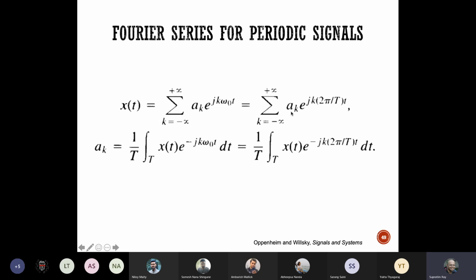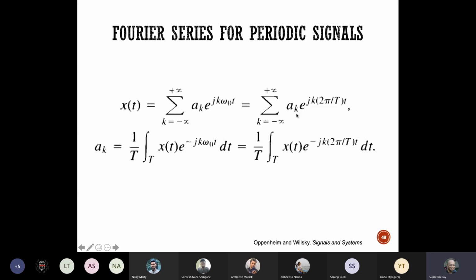So there are an infinite number of sinusoids that are required, but those sinusoids are in this case countable. It's sine of omega t plus sine of 2 omega t plus sine of 3 omega t and so on, each multiplied with some amplitude and shifted by some phase.